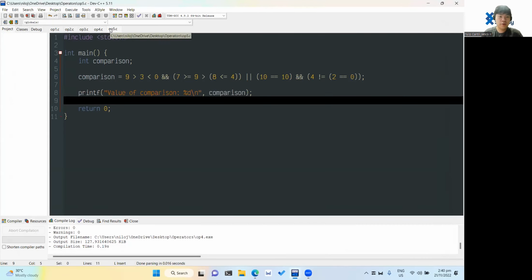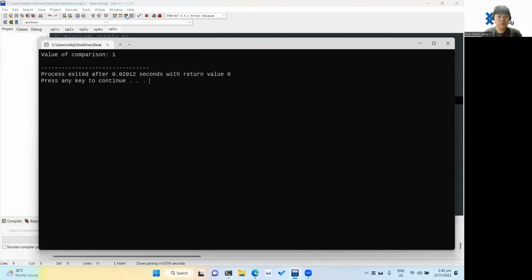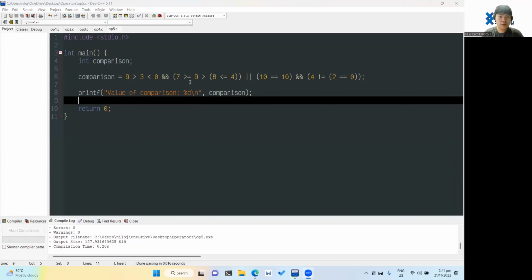Okay. And then for the last problem here, we have a series of comparison. So if we run this program, it will give you 1. Now we're going to solve why. So let's try to break down the problem. Okay. So we know that the precedence is always parentheses, multiplication, division, and modulo, addition, subtraction, relational, equality, and statements, or statements.